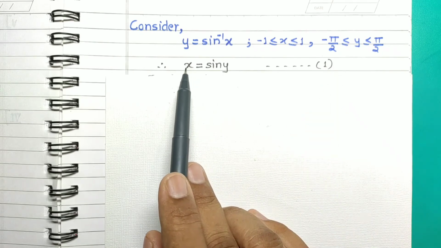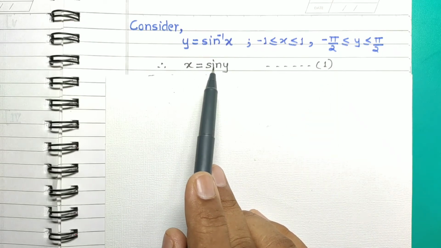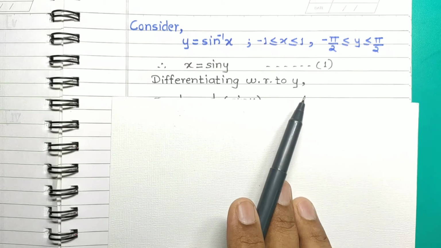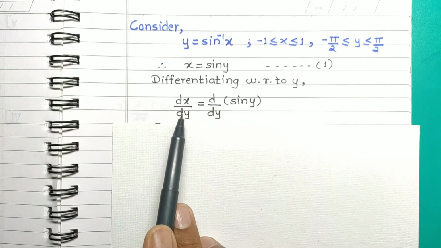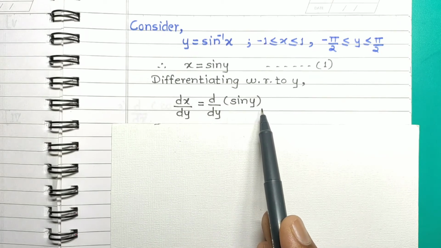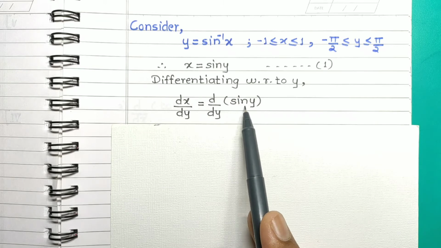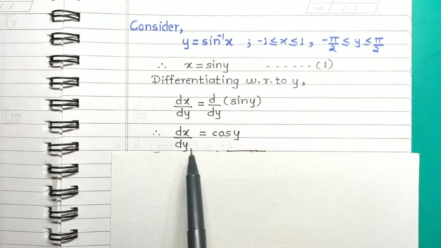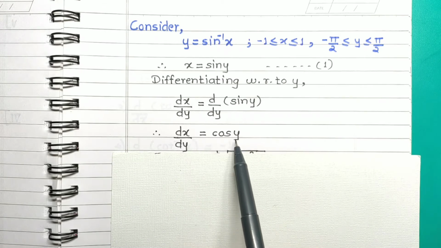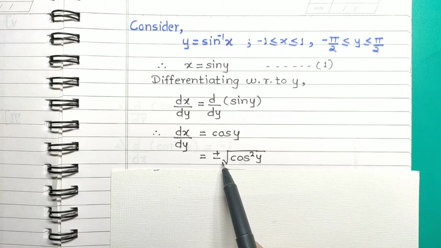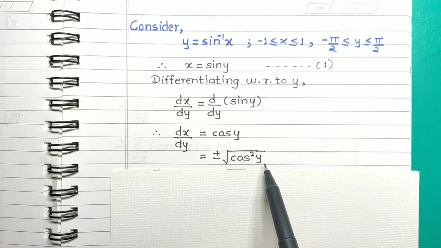Now, let's differentiate on both sides with respect to y. Okay, so differentiating with respect to y, we get dx by dy is equal to d by dy of sine y. And derivative of sine y with respect to y is cos y. So we have dx by dy is equal to cos y. See, we can write this cos y as plus or minus square root of cos square of y.